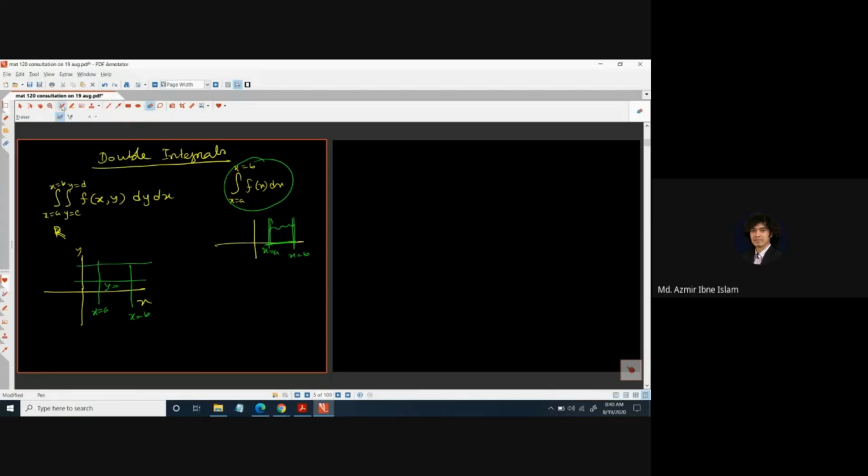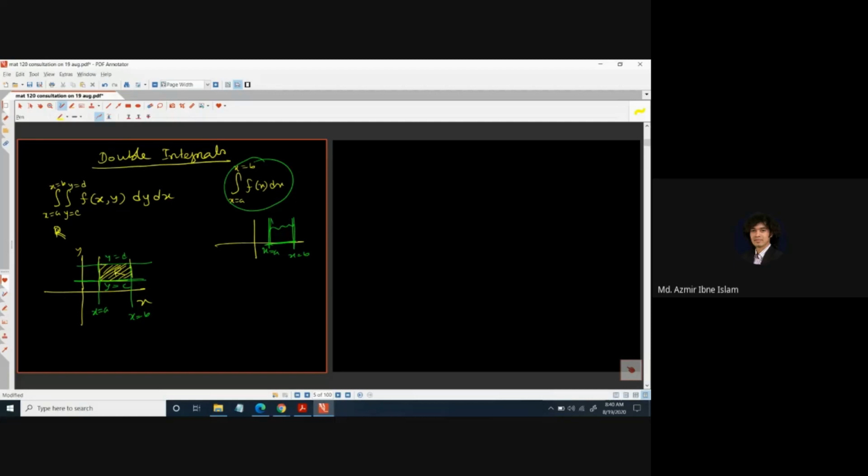I have written b again, so it will be c. y equal to d is another horizontal line. Now you can see that the intersecting part of x equal to a, x equal to b, y equal to c, y equal to d is the region R.